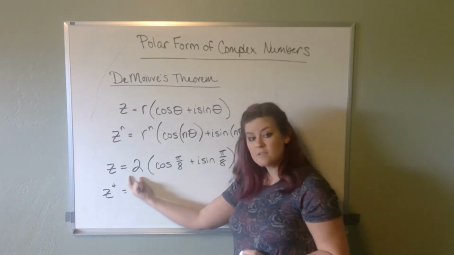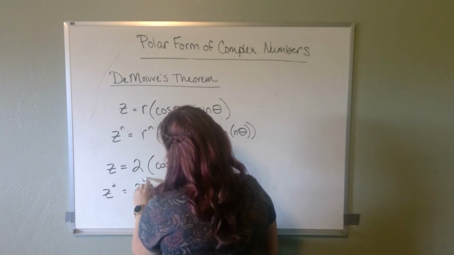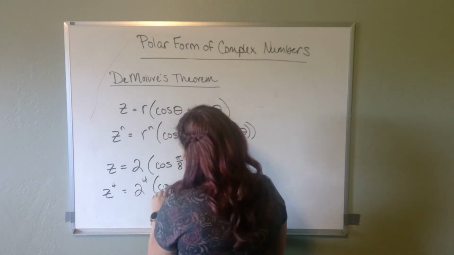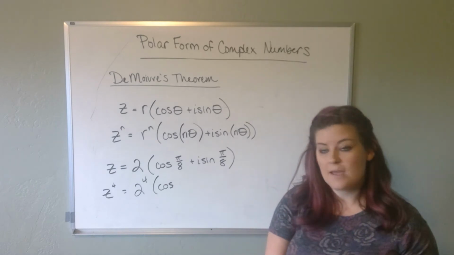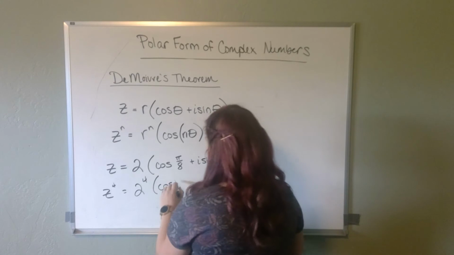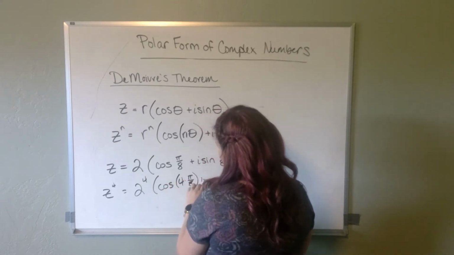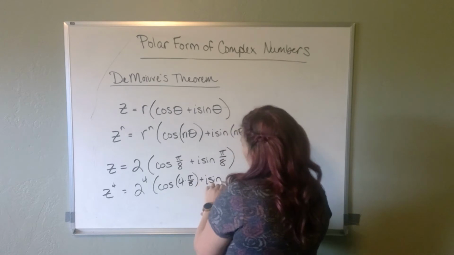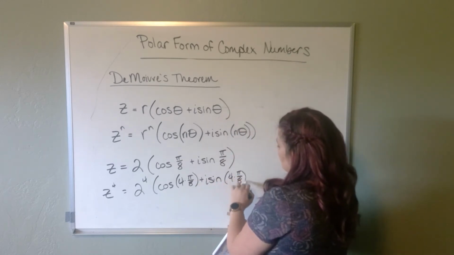Well, I actually do raise r to the 4th power. So it's going to be 2 to the 4th power times the cosine. Remember with the angle, you just multiply by that power. So I'm going to do 4 times pi over 8. So I have 4 times pi over 8 plus i times the sine of 4 times pi over 8.